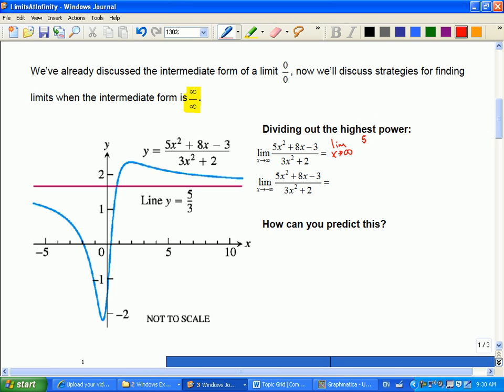So it's going to look like this now. 5x squared over x squared plus 8x over x squared minus 3 over x squared divided by 3x squared over x squared plus 2 over x squared. Okay, now why would I want to do that? Well, the reason why I want to do that is now I can talk about each piece in this limit. So why don't I simplify it first, and then we'll talk about each piece.